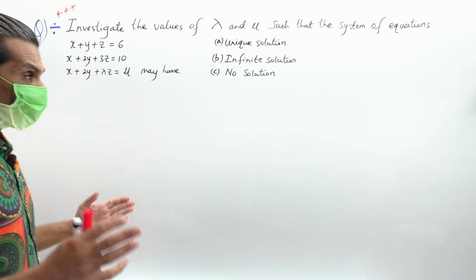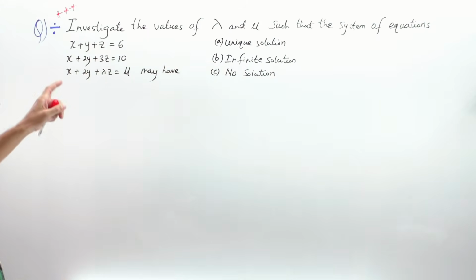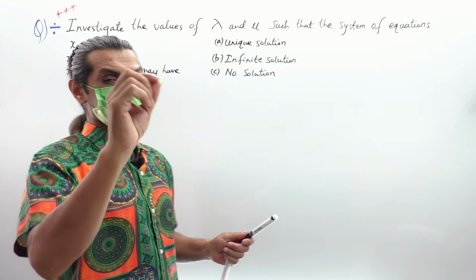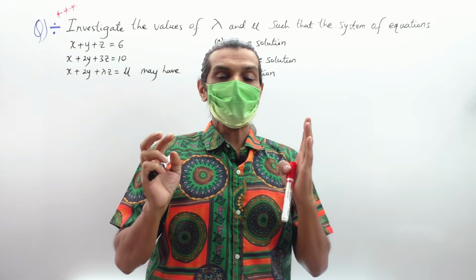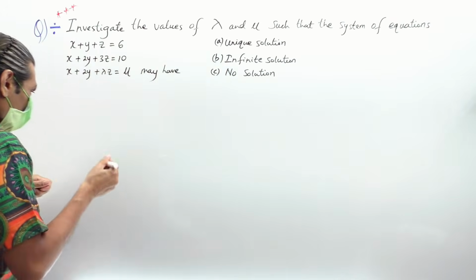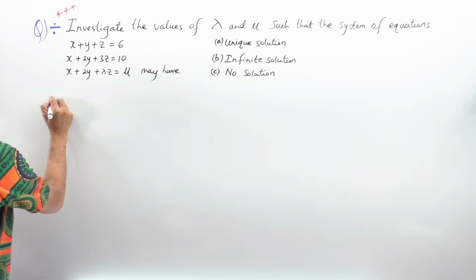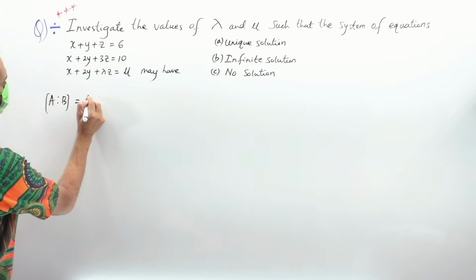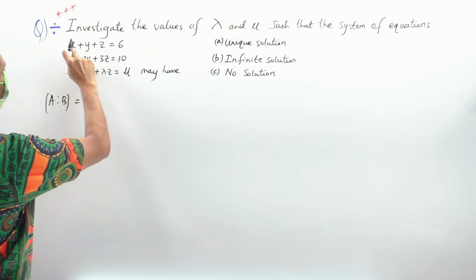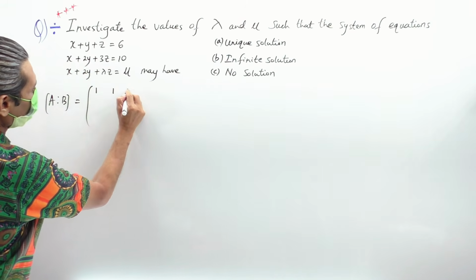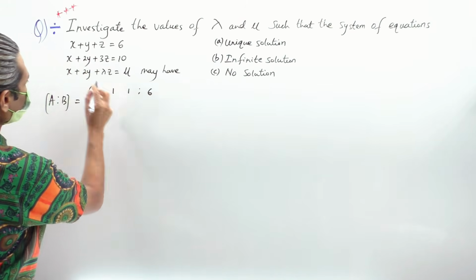So let's start with solving this problem here. Now we have the system of equations. The first thing in consistency, what we do, we always write A augment B, the augmented matrix. So first I write here, A semicolon B, or A augment B, is equal to 1 1 1 semicolon 6.